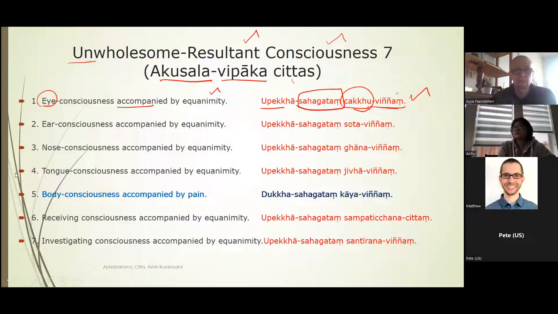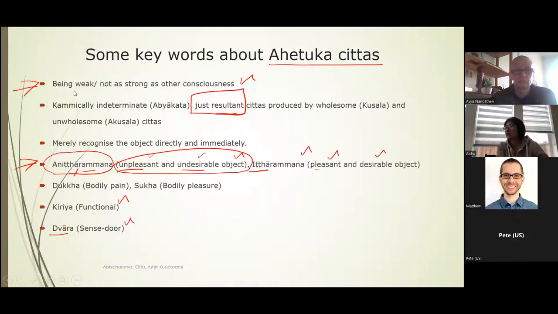I can tell you a little bit about these keywords. It is weak, not as strong as other consciousness. For example, if we donate something, if we help other people, I told you a moment ago that behind this wholesome deed, non-greed is working.